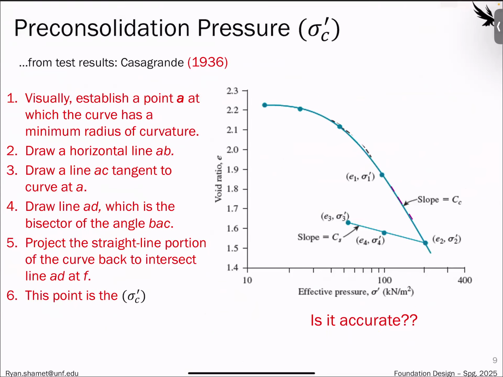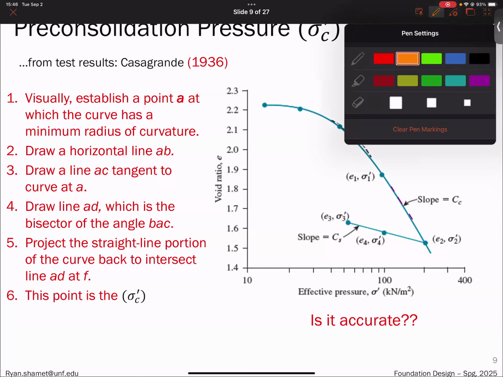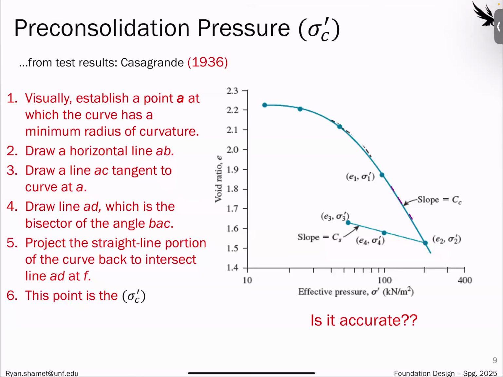And so let's talk about the way to calculate, or estimate I should say, the pre-consolidation pressure. This was proposed and used in 1936 by Arthur Casagrande, and that's still what we use today.